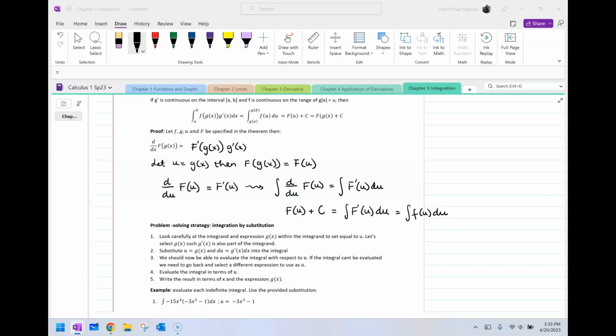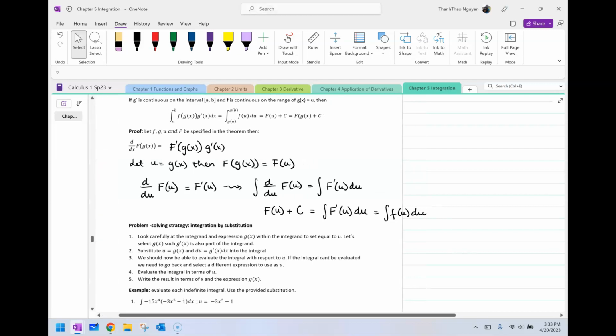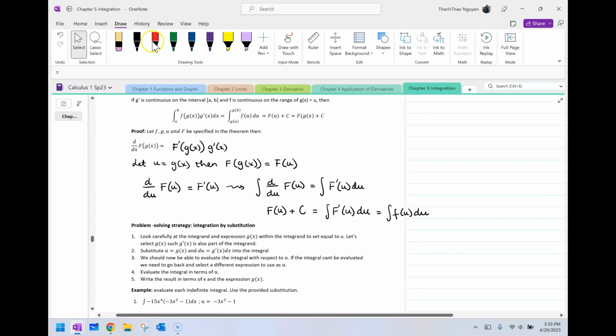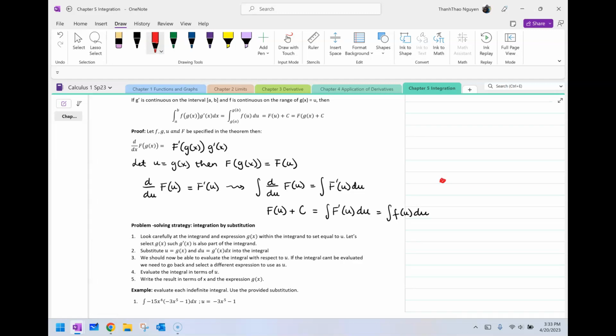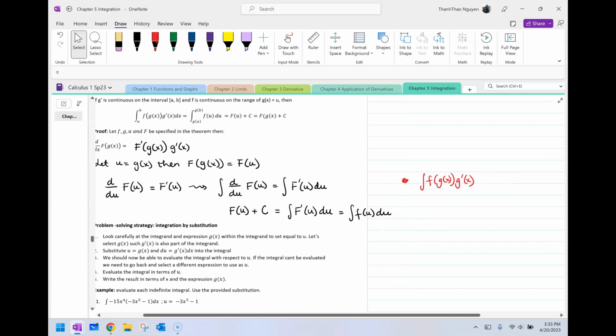So this meant we proved the substitution rule. So here this meant that the integral of f of g of x times g prime of x dx is equal to the integral of f of u du.